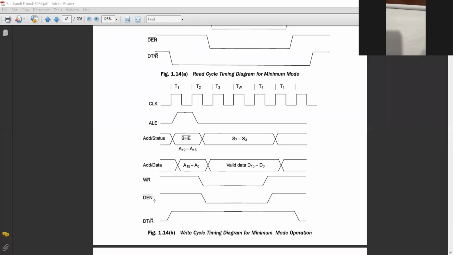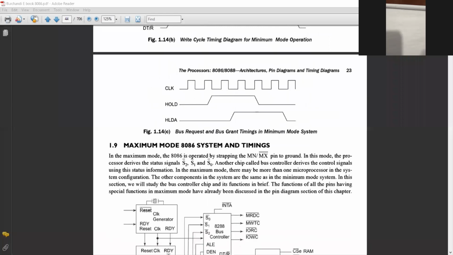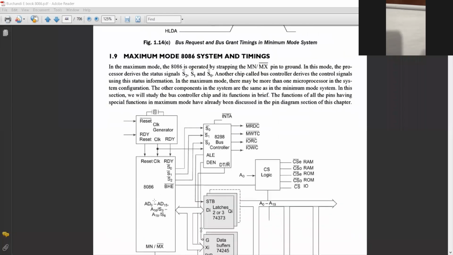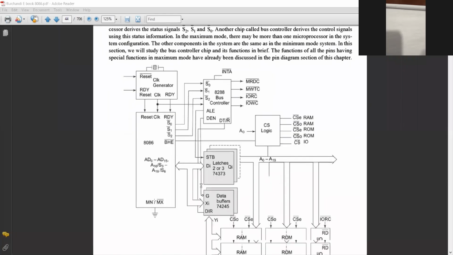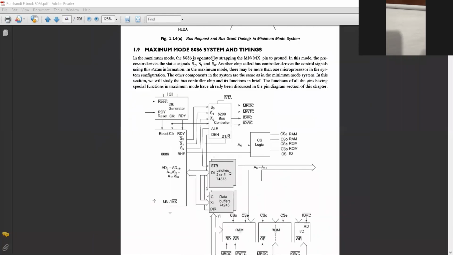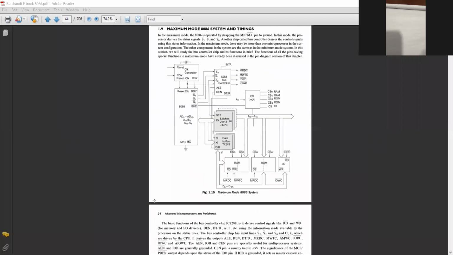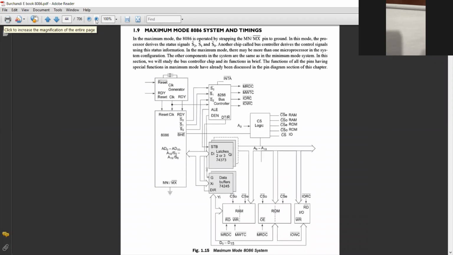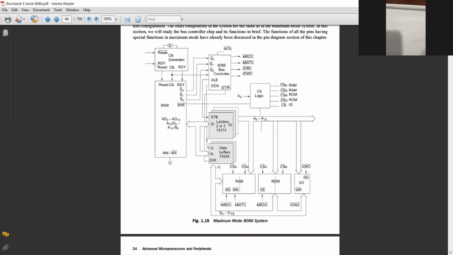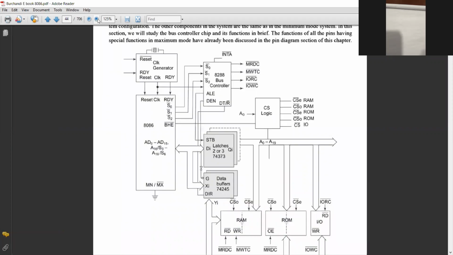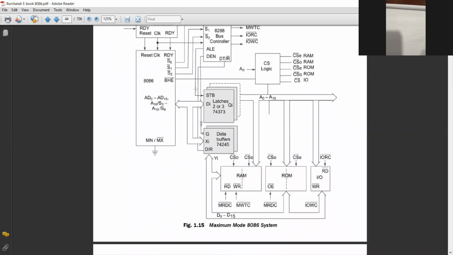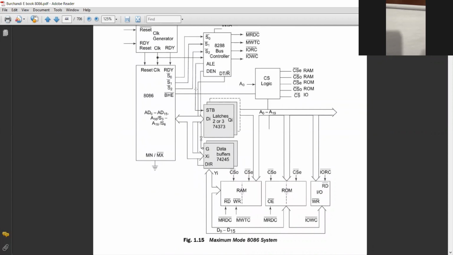Next, coming down to this diagram. In this diagram also, you can see ROM, RAM, and IO devices are all basically the same.